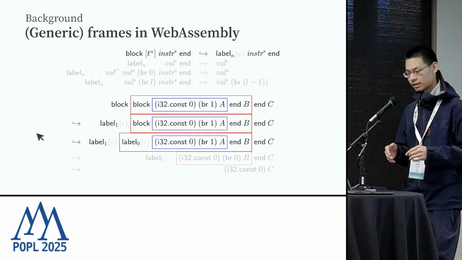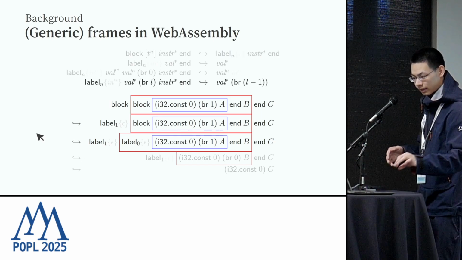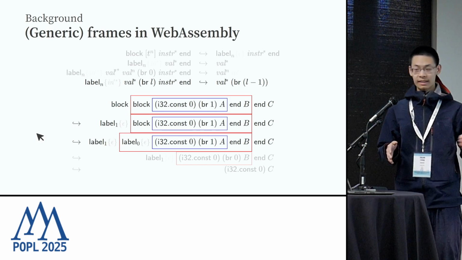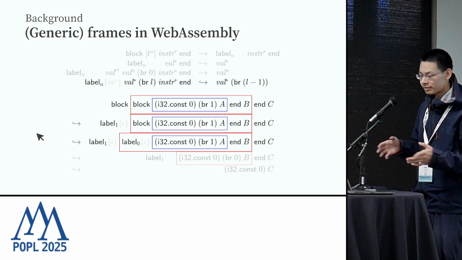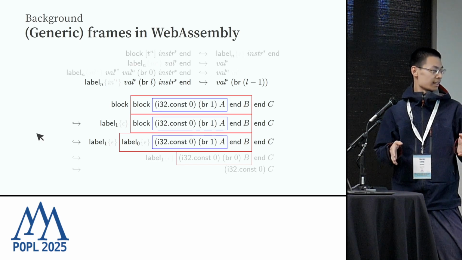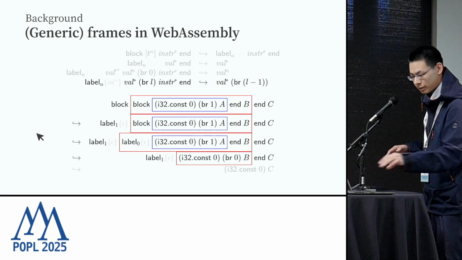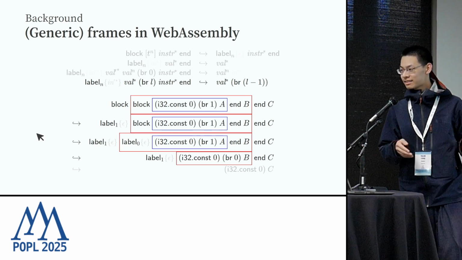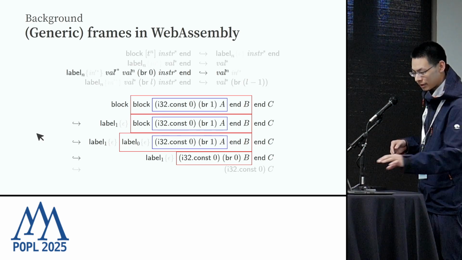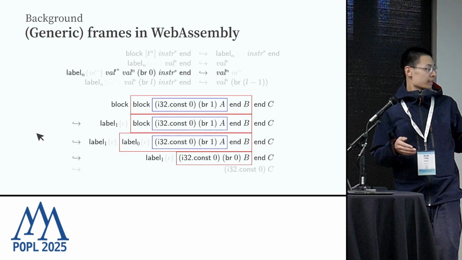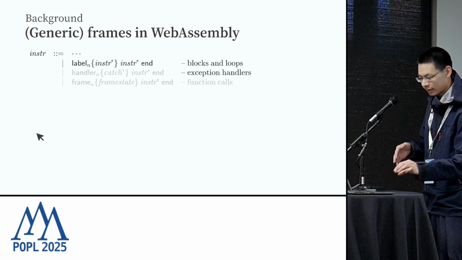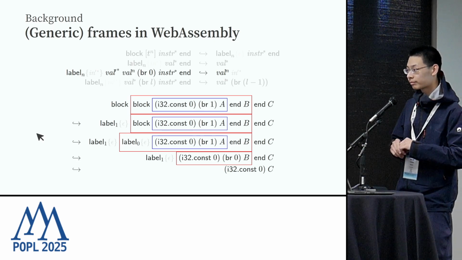The inner block is also translated into a label. Then the branch instruction gets bubbled out. So the branch 1 escapes from the innermost label, which becomes a branch 0. And then since it is branch 0, it escapes the label and brings out the returning value, so you get the const 0 and skip to C.